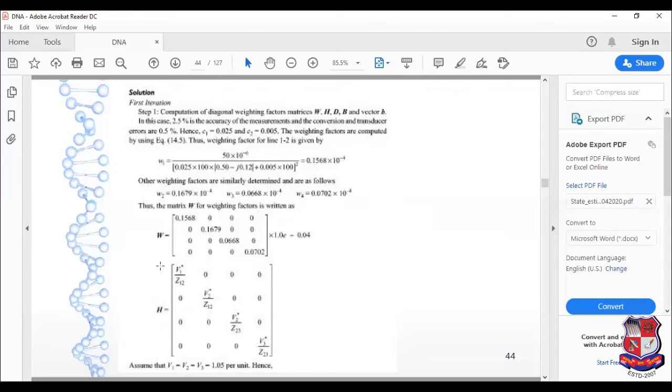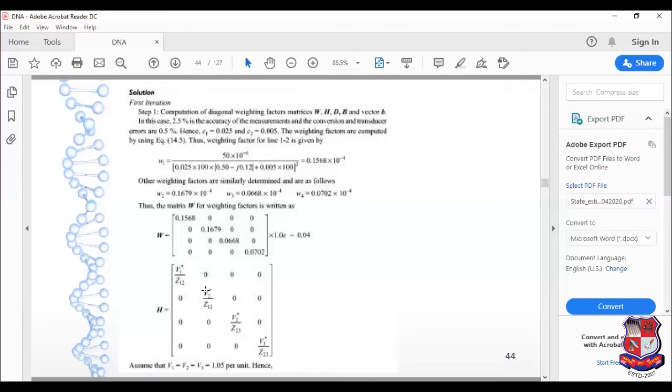As we have discussed in the theory also, the H matrix is nothing but V1 conjugate by Z12. The value for 1 to 2 or 2 to 1, Z12, remains equal. Similarly, from 2 to 3 or 3 to 2, Z23 remains constant.